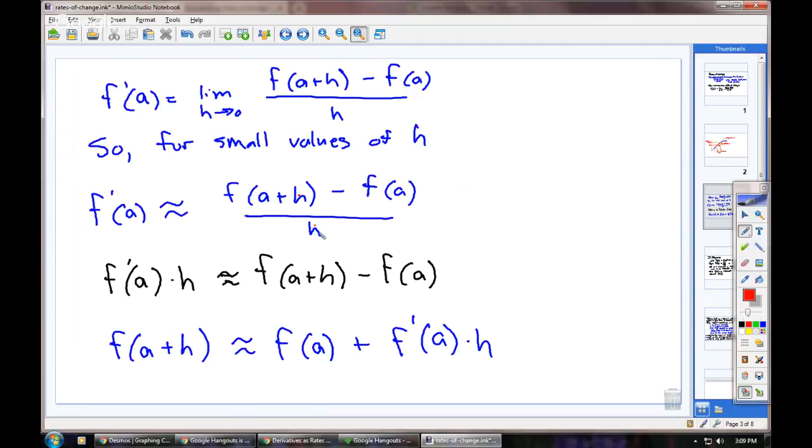If that's the case, I can multiply this h over to the other side, and then I get the change in y. Right? That's my delta y, which is going to be approximately equal to h times the slope. So that slope and that horizontal distance give us a vertical distance together, because slope is rise over run.